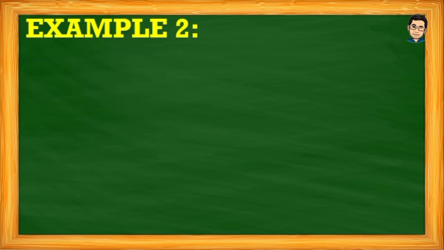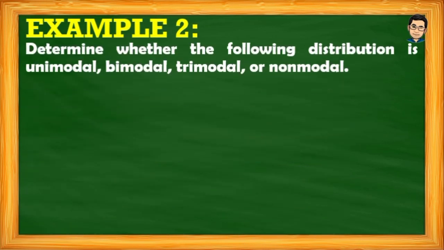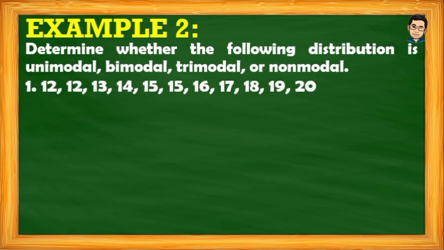For our last example, determine whether the following distribution is unimodal, bimodal, trimodal, or non-modal. Example number 1: 12, 12, 13, 14, 15, 15, 16, 17, 18, 19, 20.